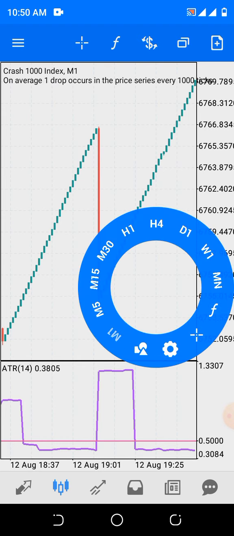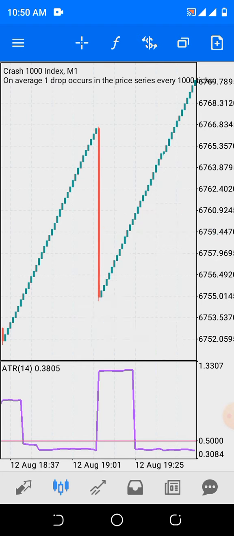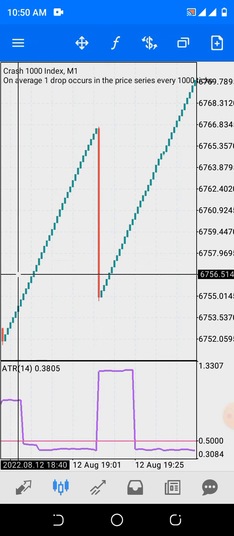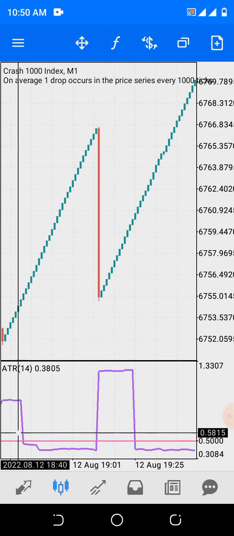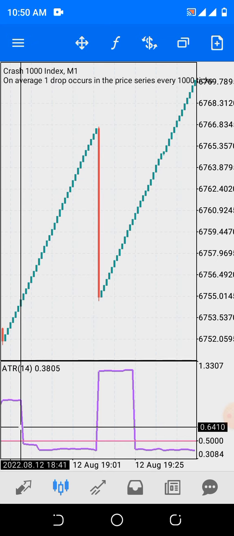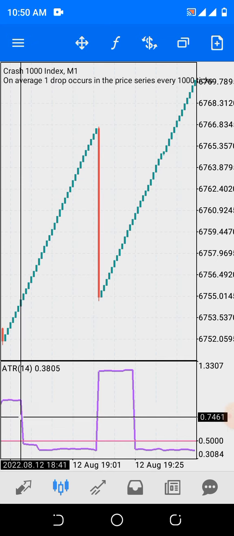Now, when you see this purple line, look at this purple line.